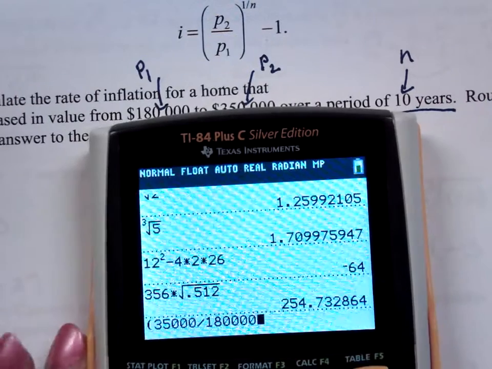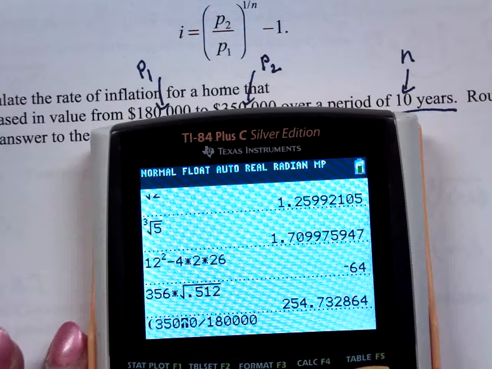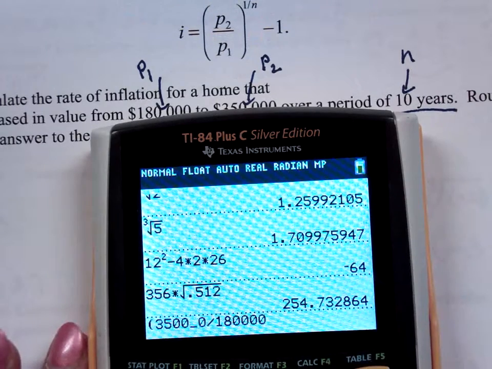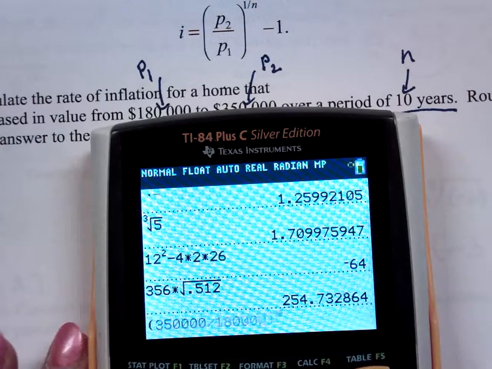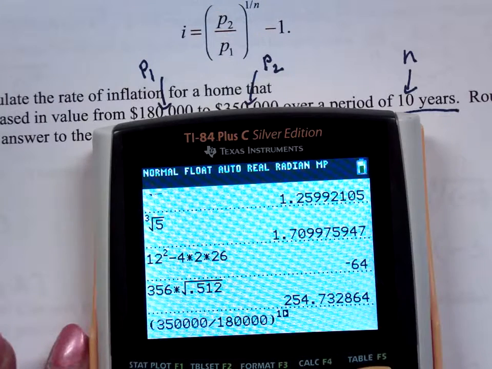Do I have enough zeros? I need to insert another 0. So there we go, 350,000 parenthesis to the, now I just need to type in 1 divided by 10.